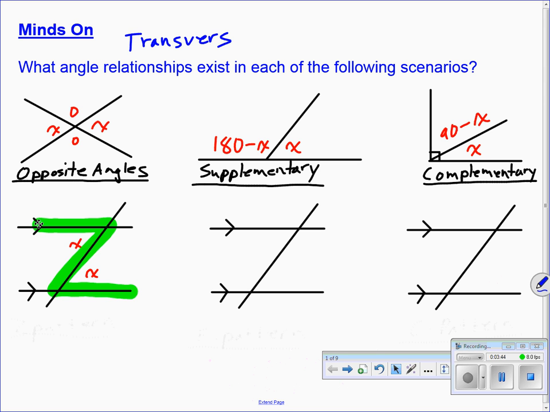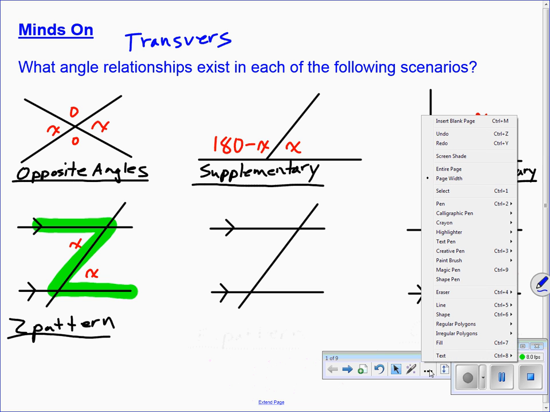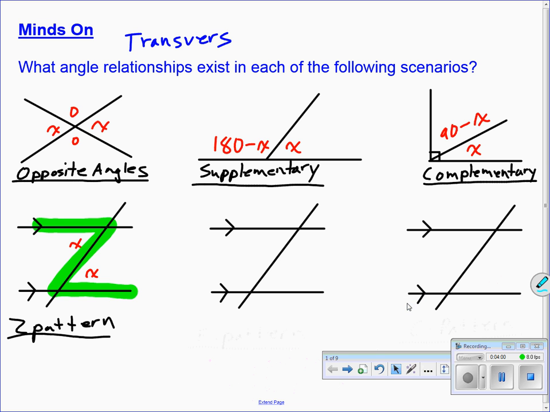Now, I could have another Z pattern here, and my other Z pattern could look like this. So I could go and take my highlighter, and this time I'm going to use blue. If I come across and go down, and then go across again, we have 2 more related angles.